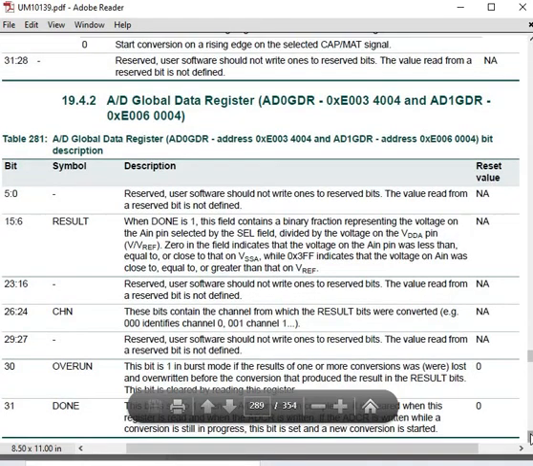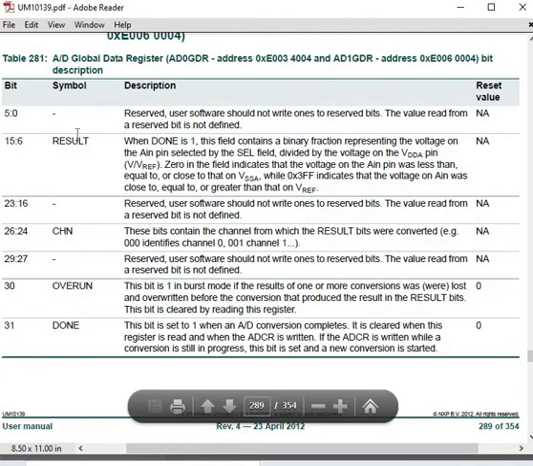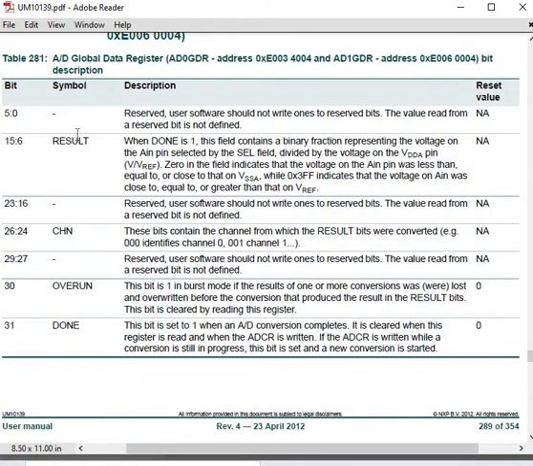It is a global data register. It is one of the features of the LPC2148, as we already know, that can be used to globally start both converters, AD0 and AD1, because we can use burst mode also.